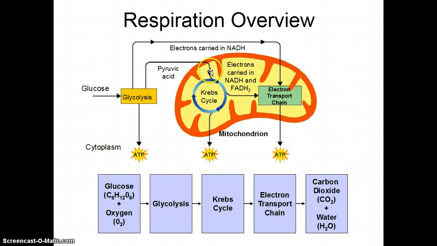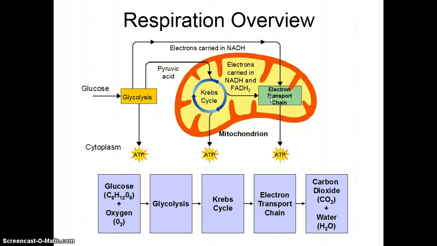during the Krebs cycle. Then during the electron transport chain, electrons are transported down the inner membrane of the mitochondria. They are passed down from carrier to carrier, where water is created and carbon dioxide is created, along with 34 more ATP molecules.